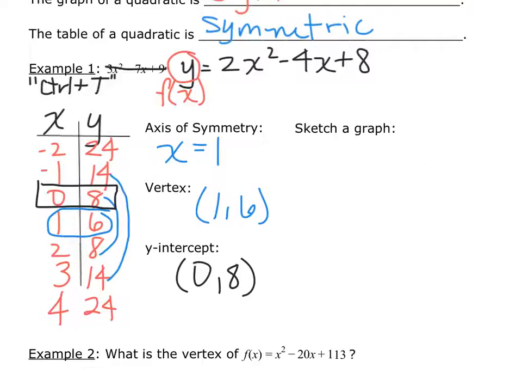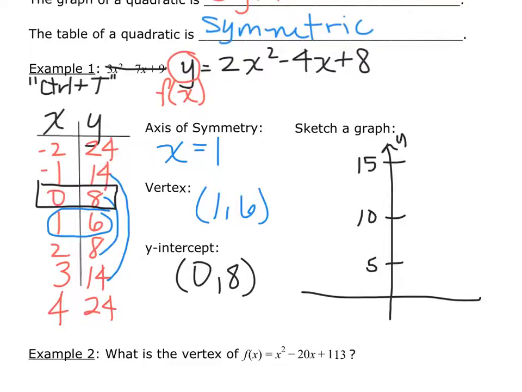All right, and then I want to do just a quick sketch because it's a good skill to have to be able to sketch a parabola. We're going to do just a quick sketch of this parabola. I'm going to do 5, 10, 15 on the y-axis.